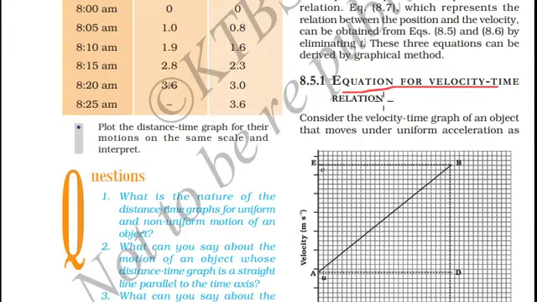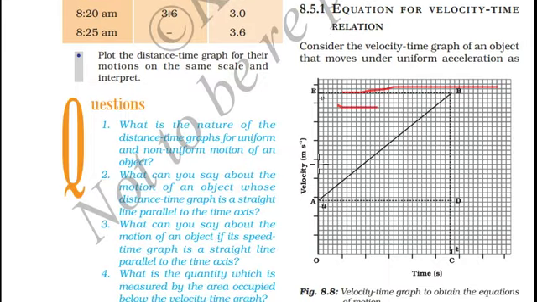Equation for velocity-time relation. Velocity is on the vertical axis and time is on the horizontal axis. You can notice the initial velocity is not equal to 0. Initial velocity has some value, and final velocity is this, and OC is the time interval.